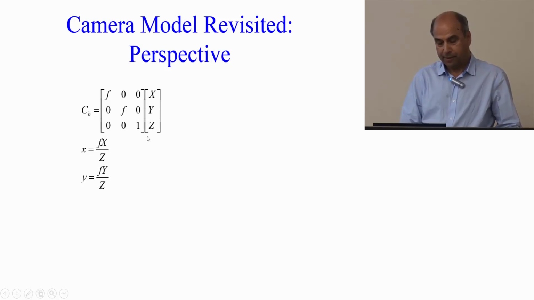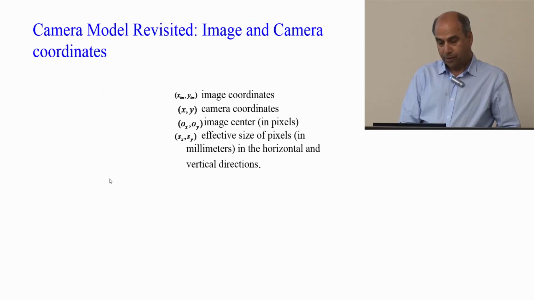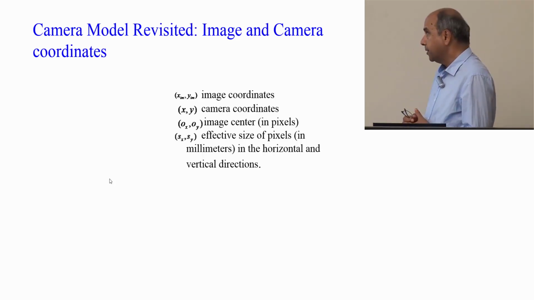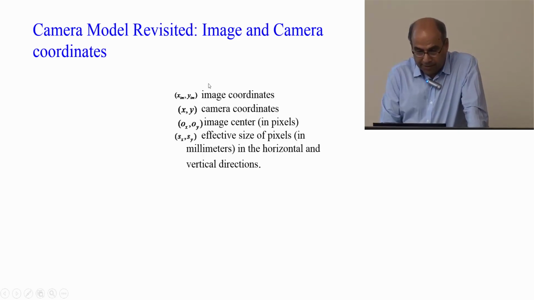We divide by the third element: fx upon z and fy upon z. Okay, so that is one thing. So now we are going to look at all these things in terms of image coordinates and camera coordinates. So we have these notations here.